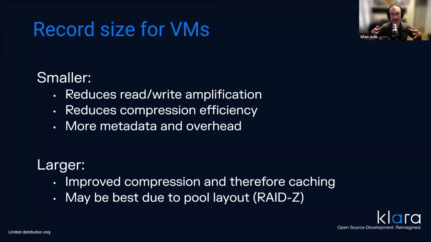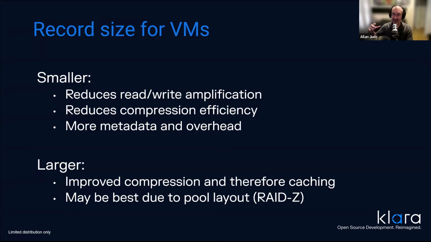Yeah, and finding the right record size can have a big impact on performance and just how well the system performs, and just how responsive it feels to the user, and even just how much work the drives are doing underneath.